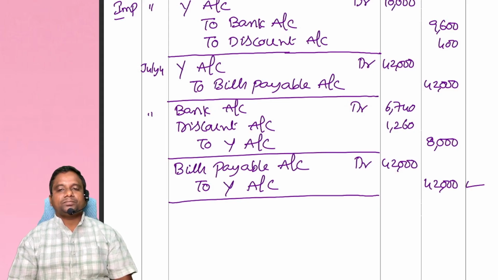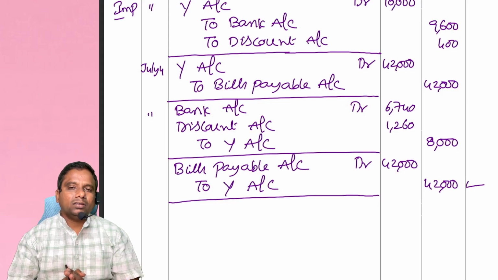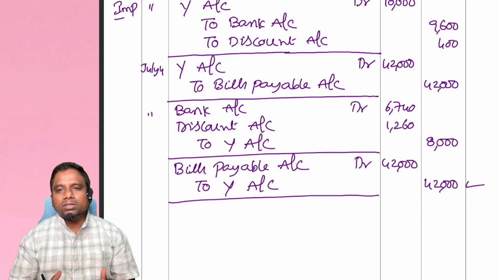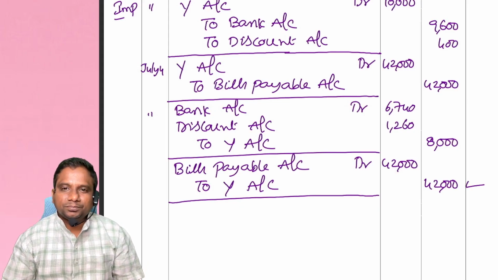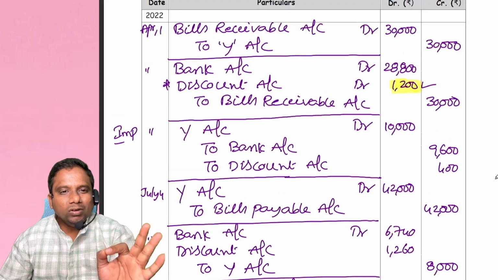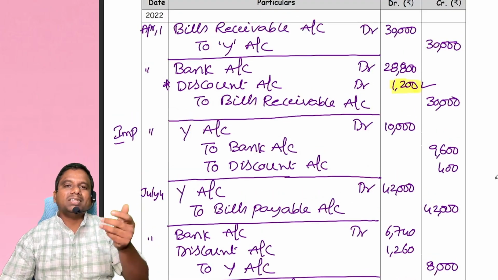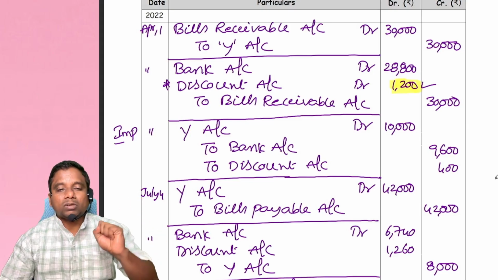That's it. Okay. Now finally, what is the balance amount payable or receivable by both the parties? The problem is not yet complete. Finally, who will receive the amount from the other party? Will X receive from Y or Y receive from X?